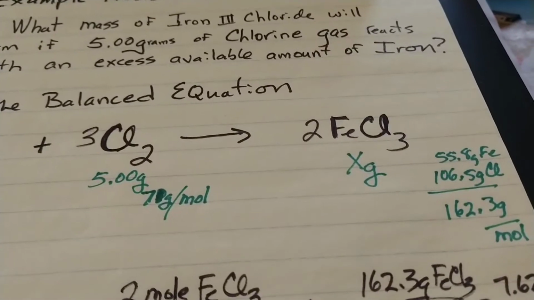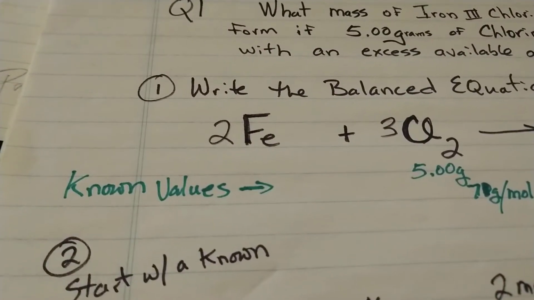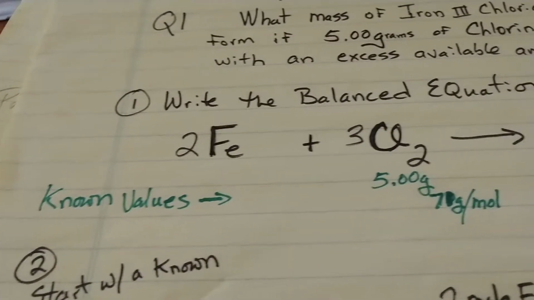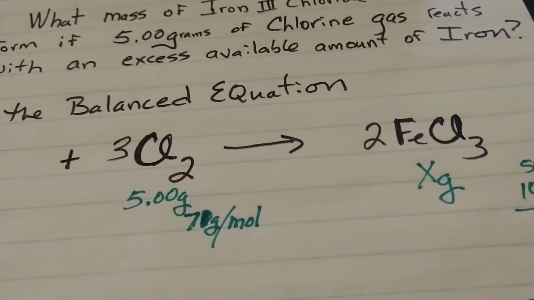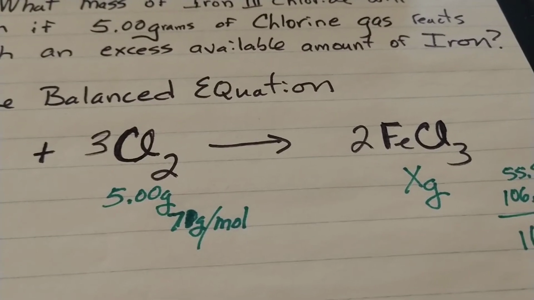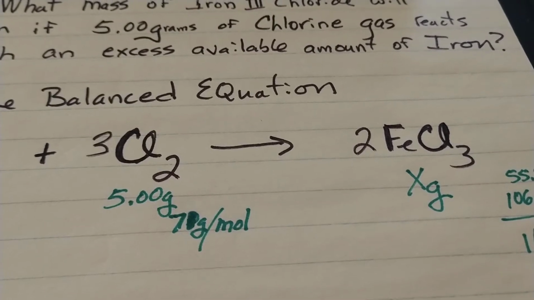We need to set up our known values. I like to go underneath my written equation and put in the known values. I know that I have 5 grams of chlorine gas to work with. I know that chlorine weighs 71 grams per mole.